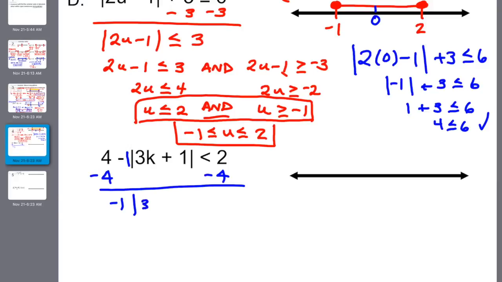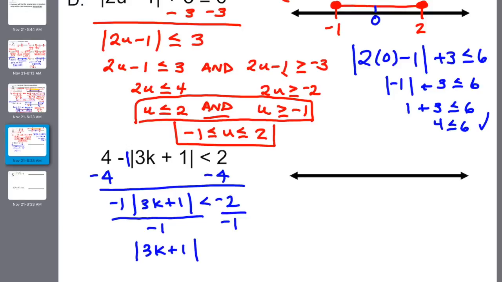So I have negative 1 times the absolute value of 3k plus 1 is less than negative 2. If I want to get rid of the negative out here, I'm going to go ahead and divide each side by a negative. Remember that fancy little trick that happens when you divide both sides by a negative. You're going to say the absolute value of 3k plus 1 is greater than 2.